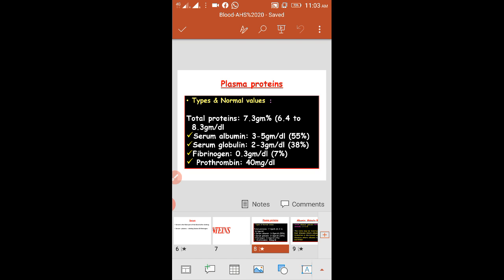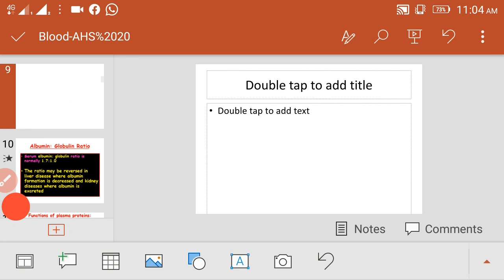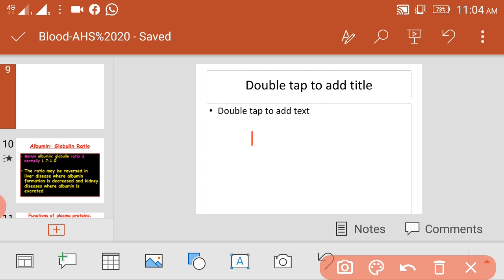So, understood, blood mainly contains the liquid portion, which we call plasma, and the cellular components called blood cells.